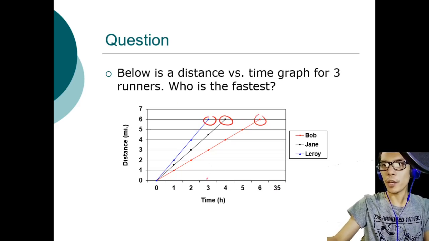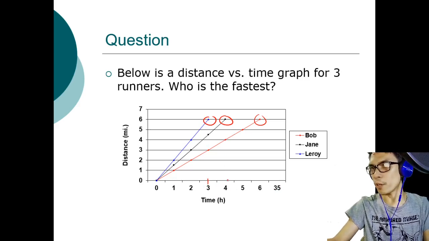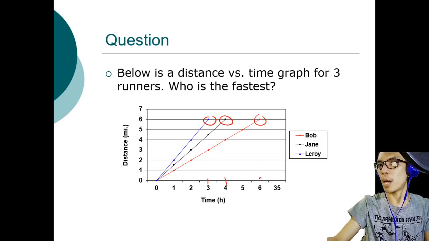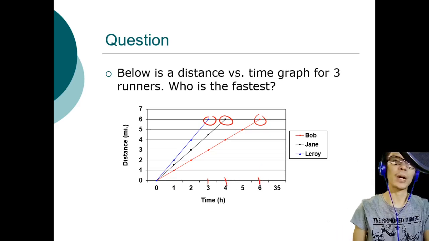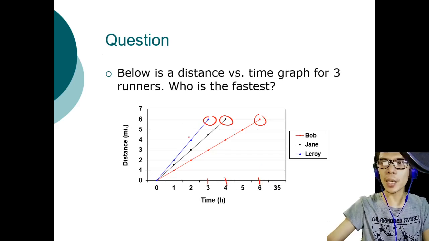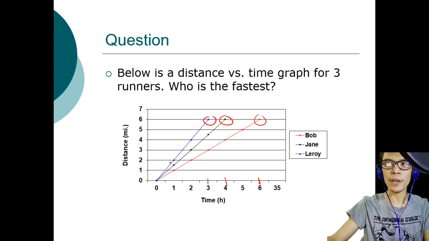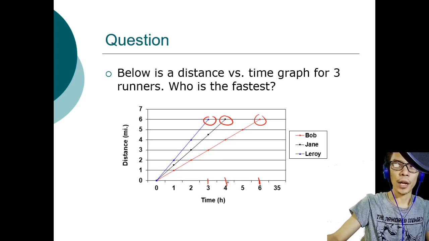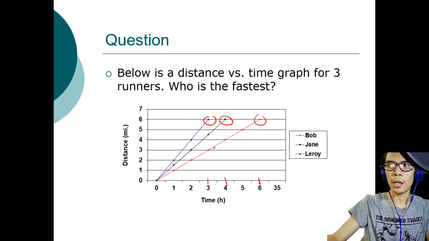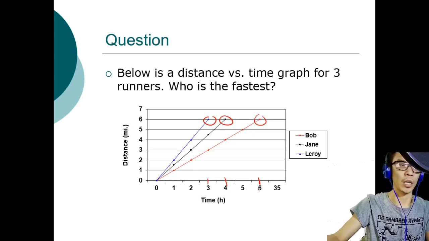Leroy is 3 hours, Jane is 4 hours, and Bob is 6 hours. So which of them runs fastest? The idea is the steeper the slope, the faster the velocity for that object. Leroy finished the race in 3 hours, Jane in 4 hours, and Bob in 6 hours.